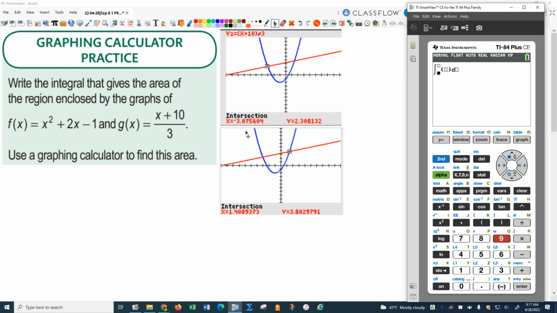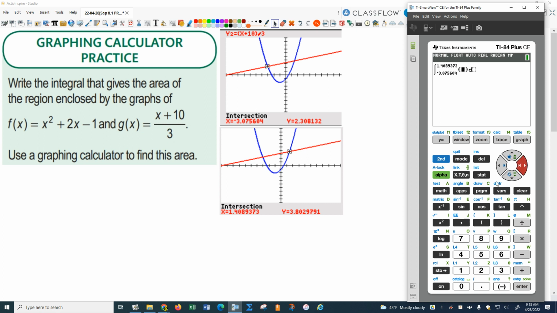So my limits are going to go from the bottom limit we already found was negative 3.07564 to my top limit of 1.408973.